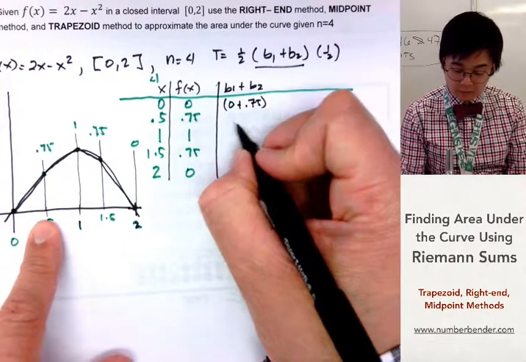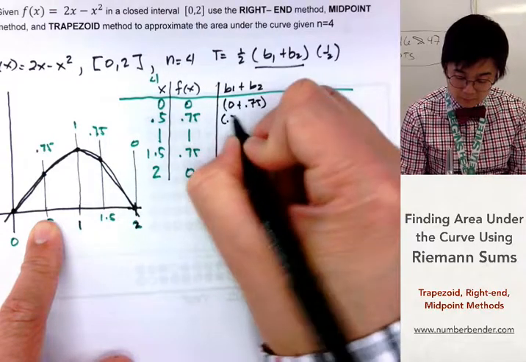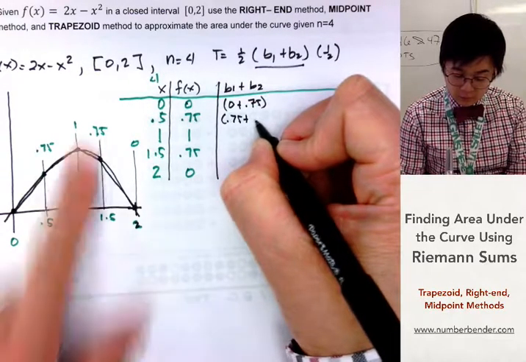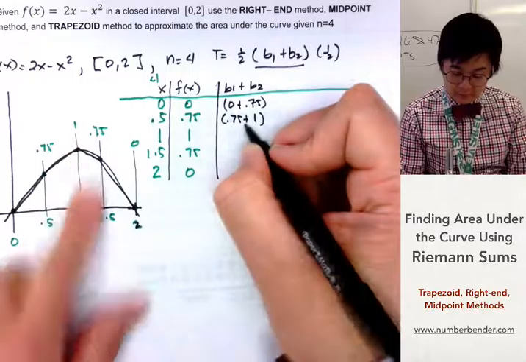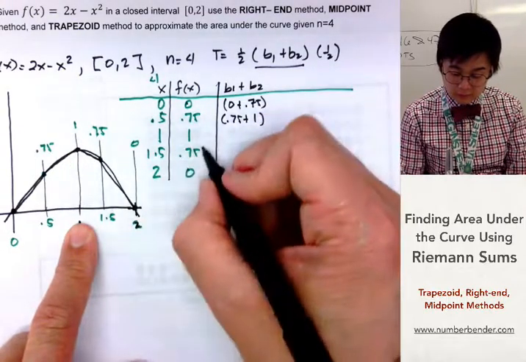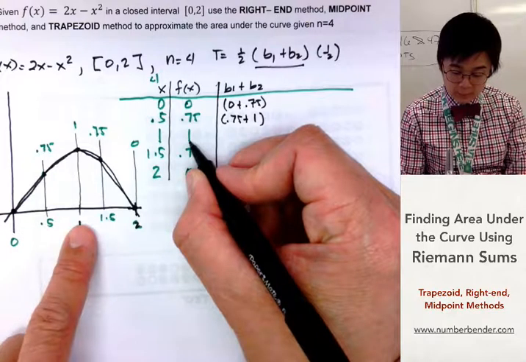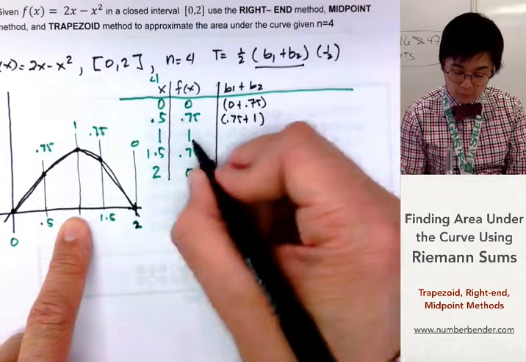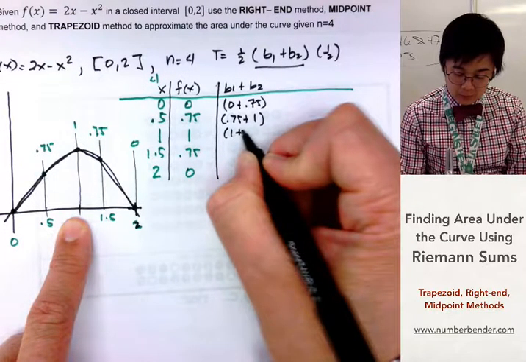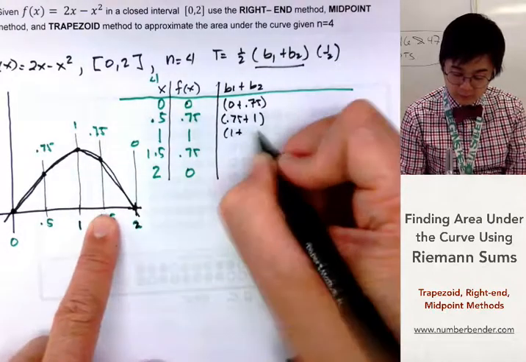So at 0.5, at 1, and then yung ating susunod naman is at 1 and 1.5. So 1 plus 1.5, which is 0.75.